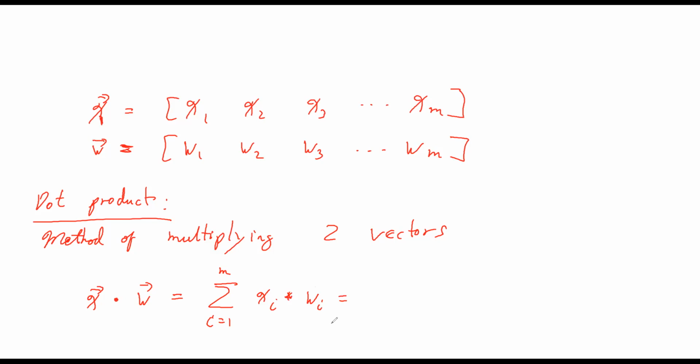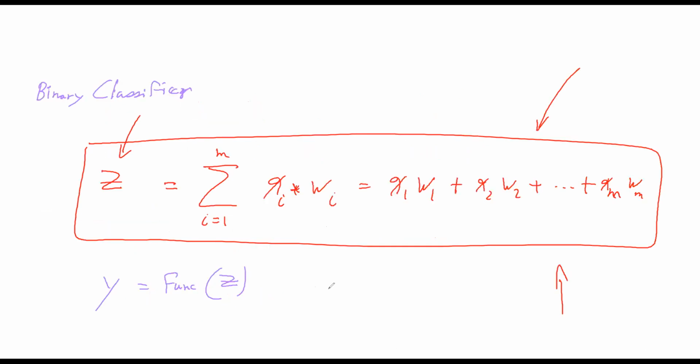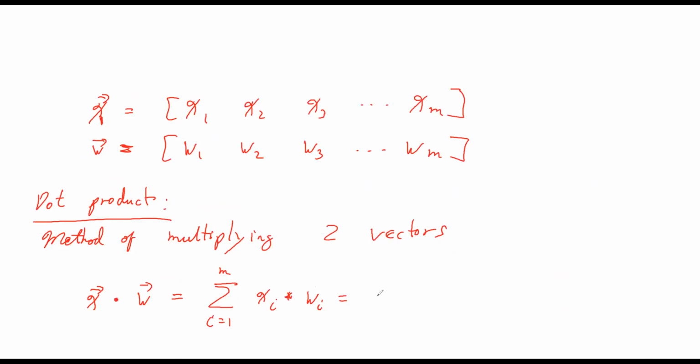So if you notice, this one is exactly the same as that one, okay? And so we can use basically that function that converts this into x1 w1 plus x2 w2 plus dot dot dot xm wm, okay? And so that makes this computation really efficient.